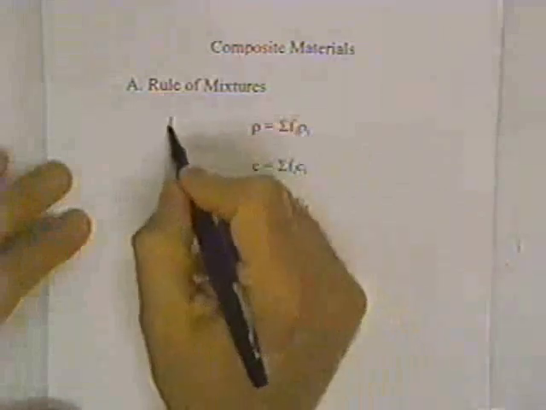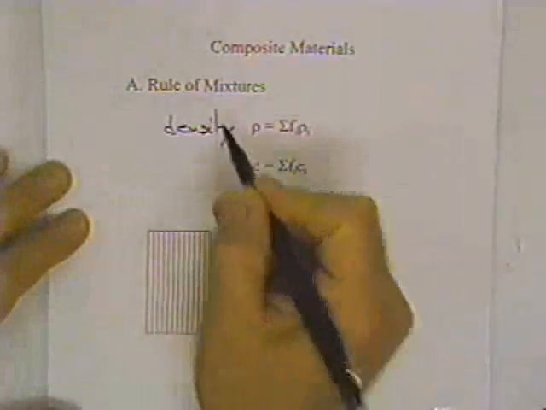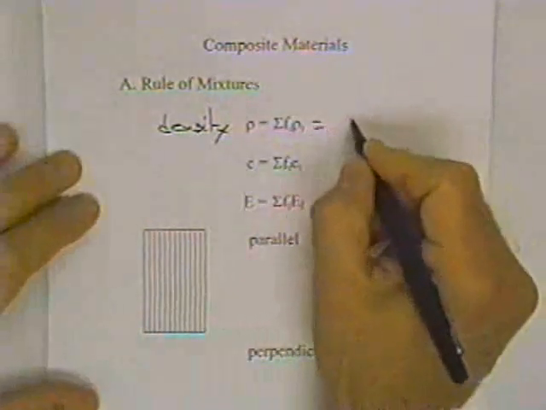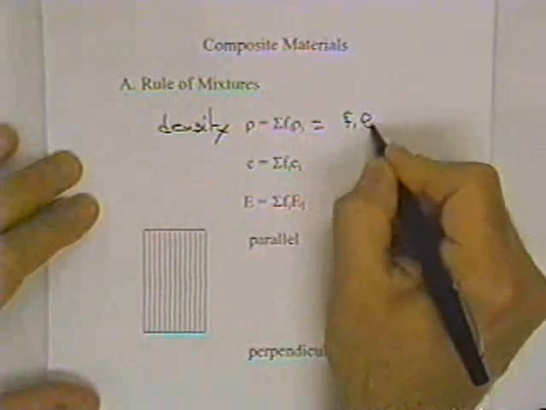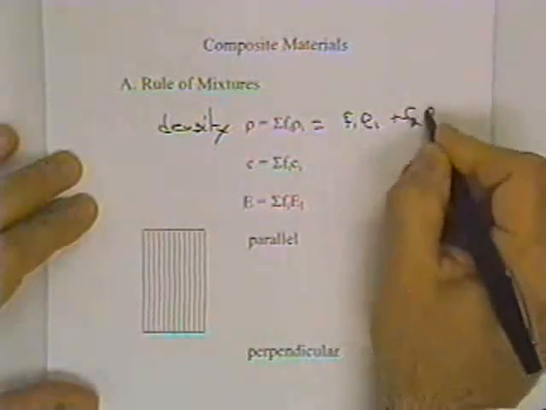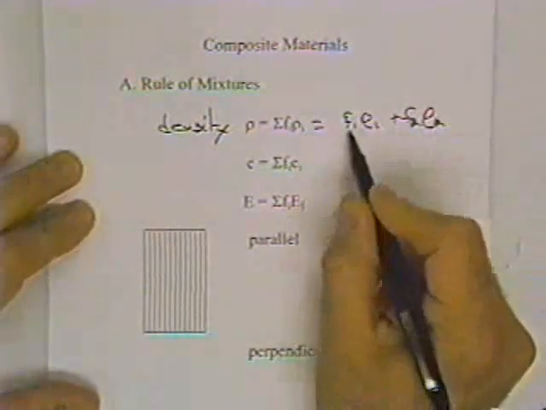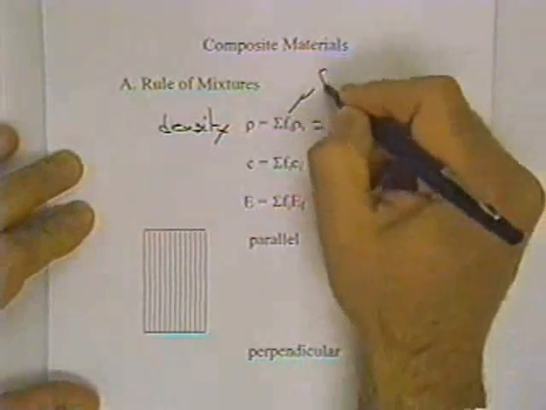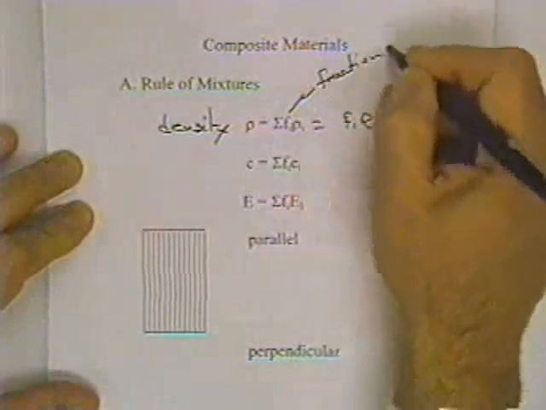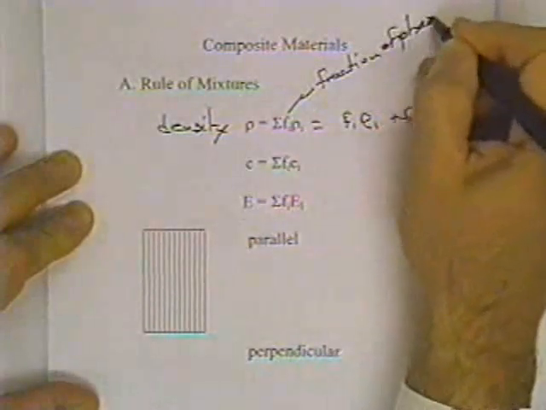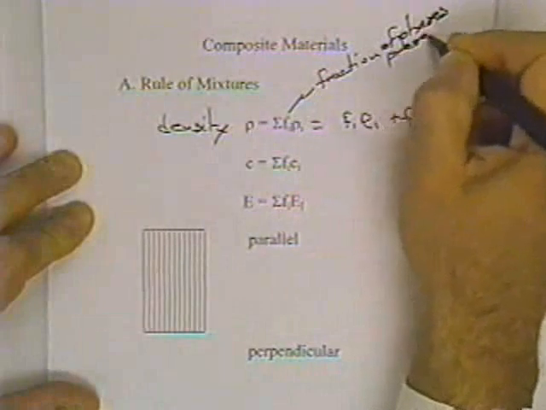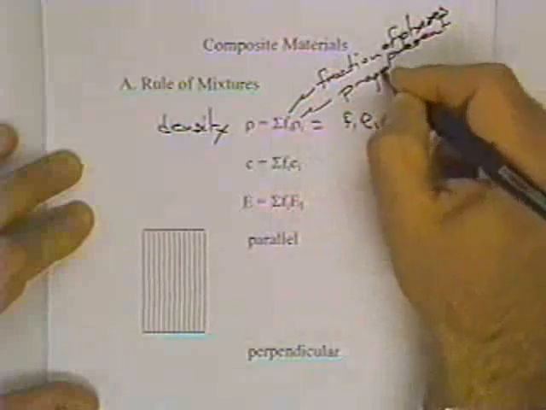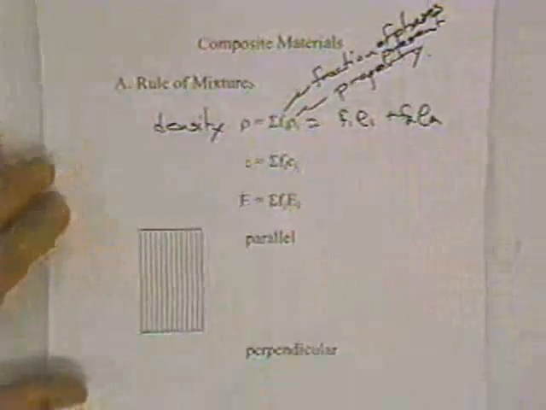For example, the density: if we have two phases that aren't dissolvable in each other, then it would be F1 rho 1 plus F2 rho 2, where the Fi are the fractions of the phases present, and rho i is the property of the phase that's present.